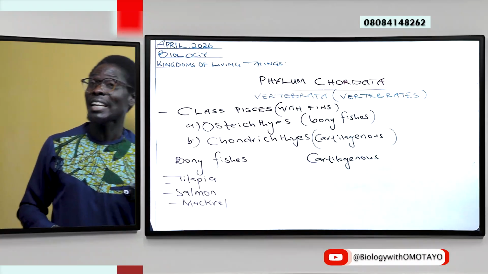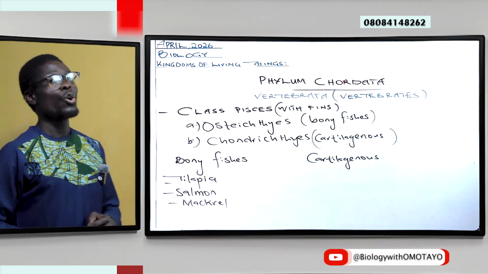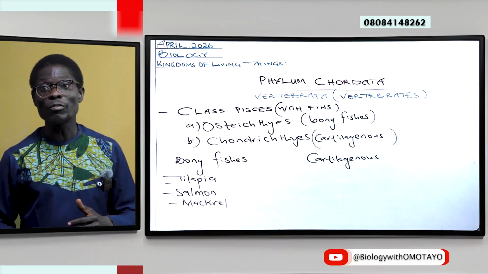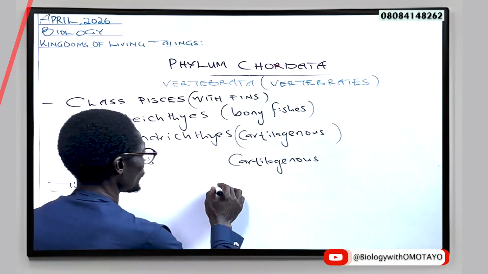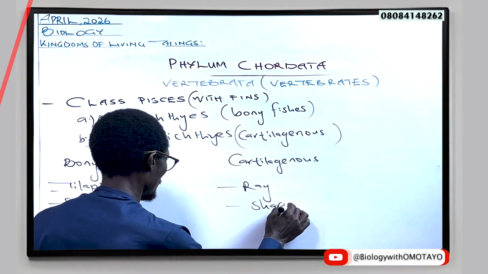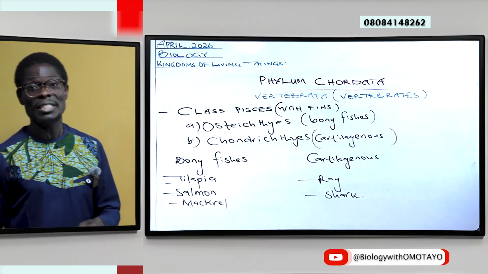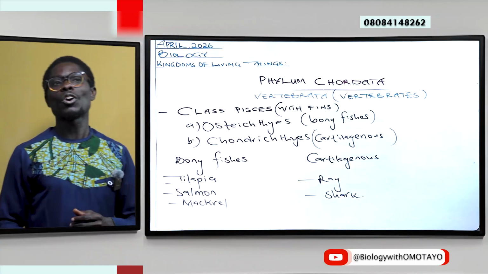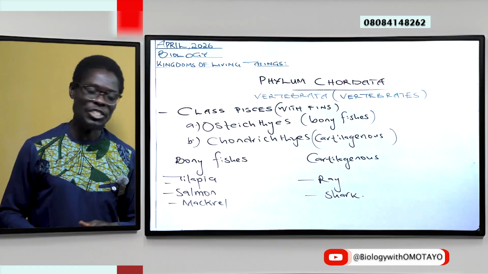And like our cartilaginous fishes, we have the ray, or even the shark. Most times, students will think that the shark should be under the bony. However, the shark is under the cartilaginous.